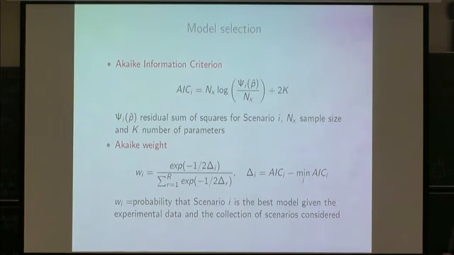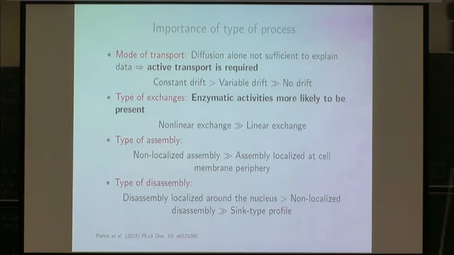So here we are able to rank our 36 scenarios and assign each a probability. And this way we can group our scenarios by what type of transport I have.